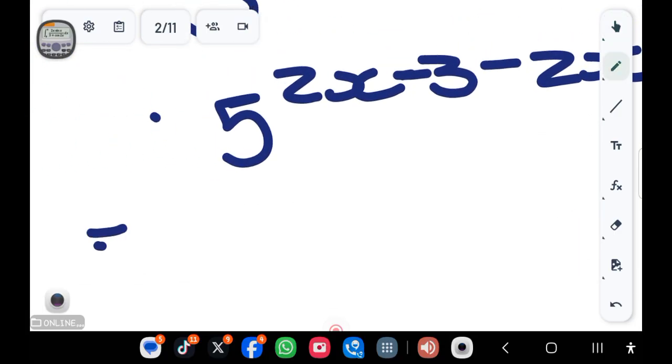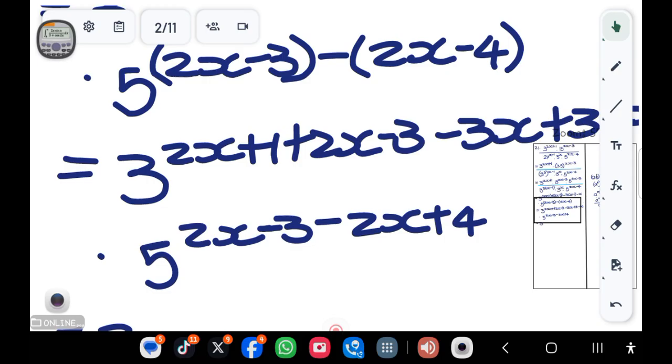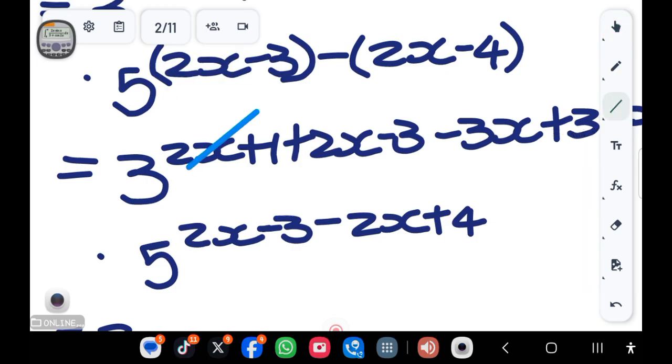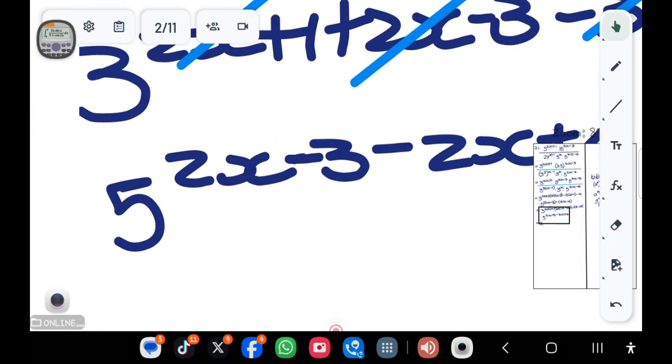So you want to be extra careful there. Now what we do is we add all like terms. 2x plus 2x, that is 4x. Minus 3x, that gives us, okay, 4x minus 3, that is 1x. Now minus 1, so that gives us 0x.